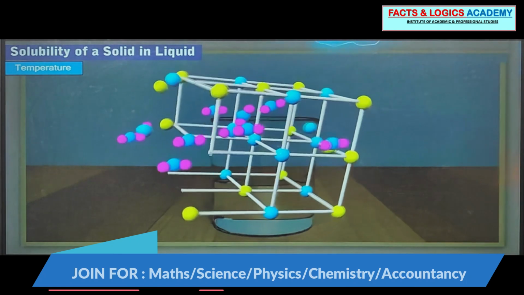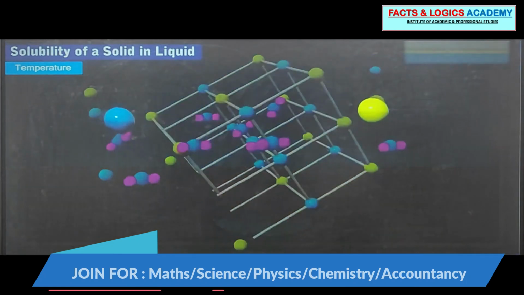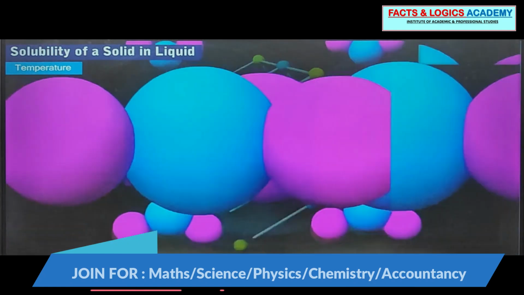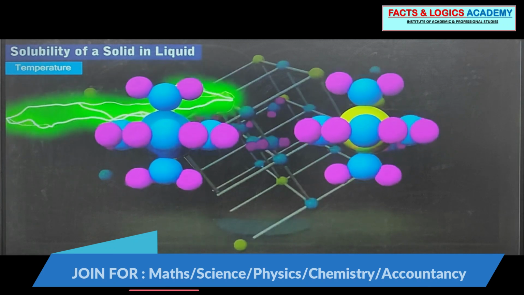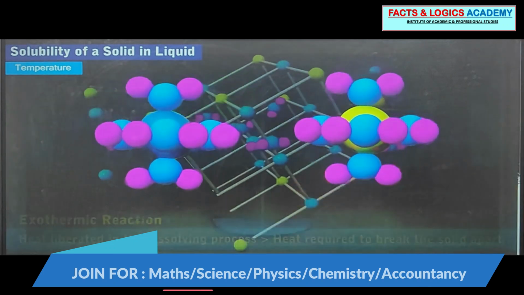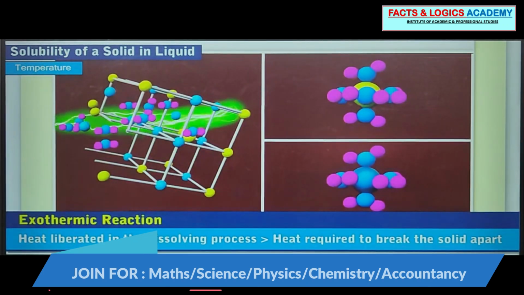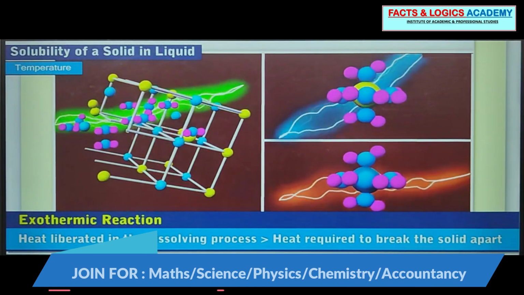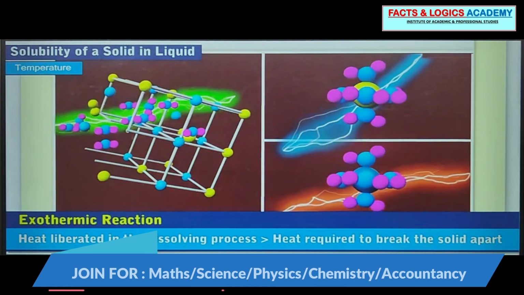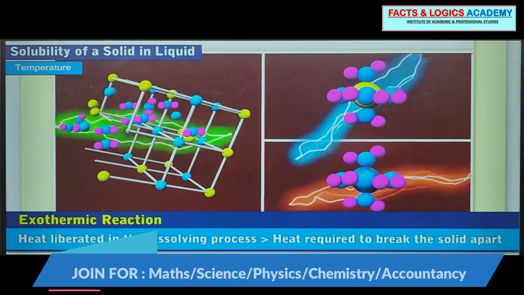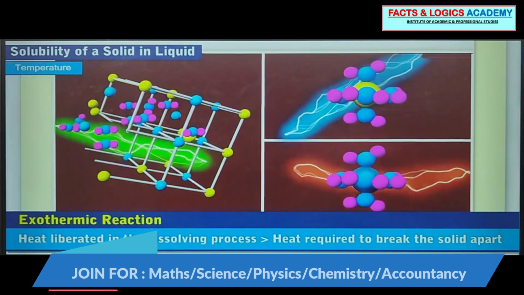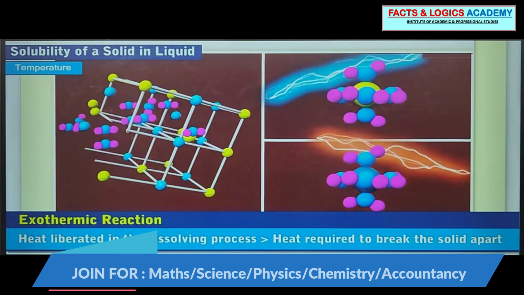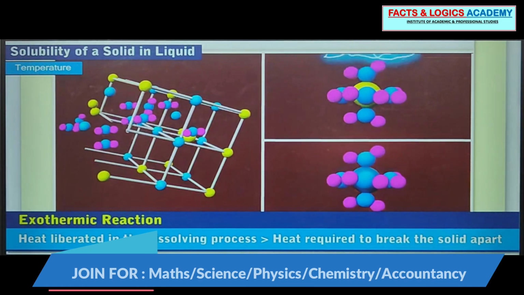At the same time, heat is given off during the formation of the new solute-solvent bonds. If the heat liberated in the dissolving process is greater than the heat required to break the solid apart, the net dissolving reaction is exothermic as energy is given off in the process.